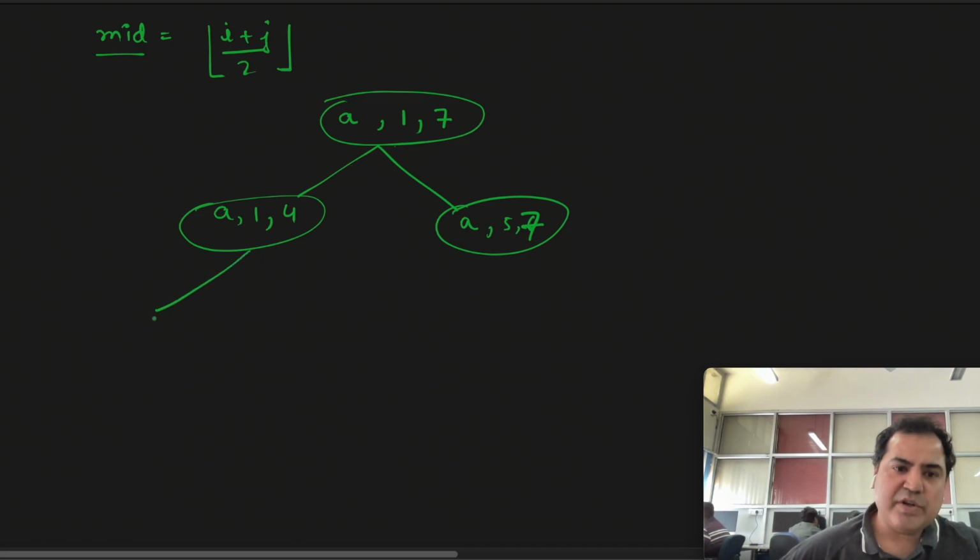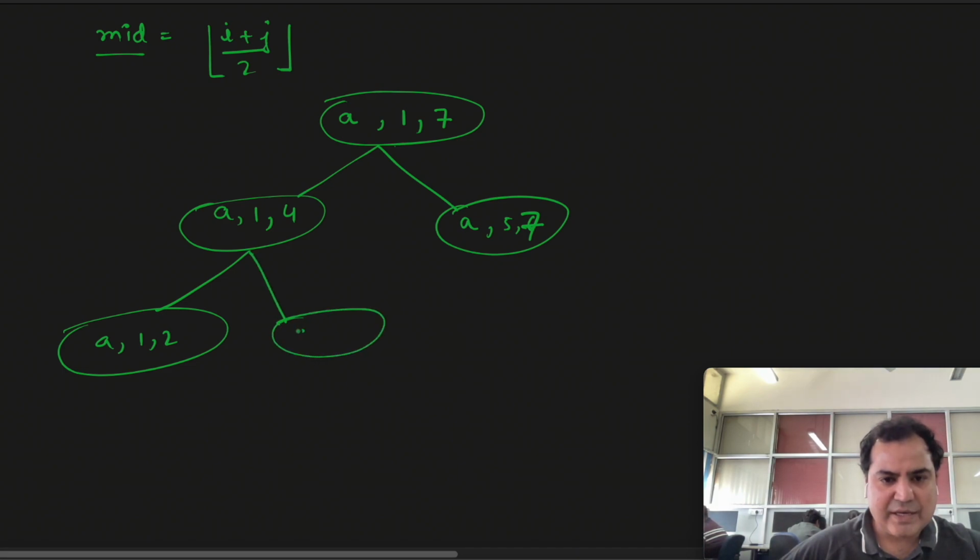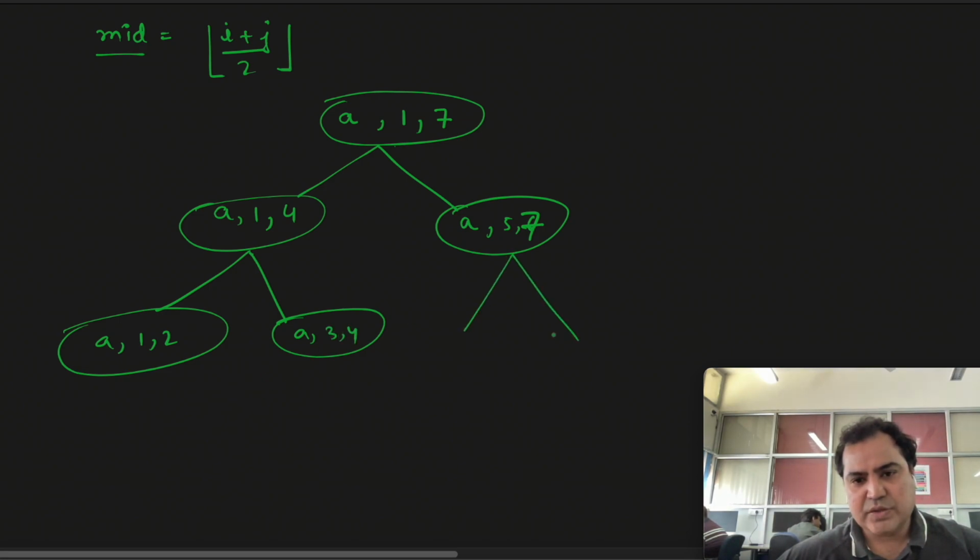Again I will divide it using the mid procedure. 1 plus 4 divided by 2 is 2.5, so the floor is 2. A will go from 1 to 2, and then after 2, from 3 to 4. On the right side, if I take mid, 5 plus 7, 12 divided by 2, is 6.